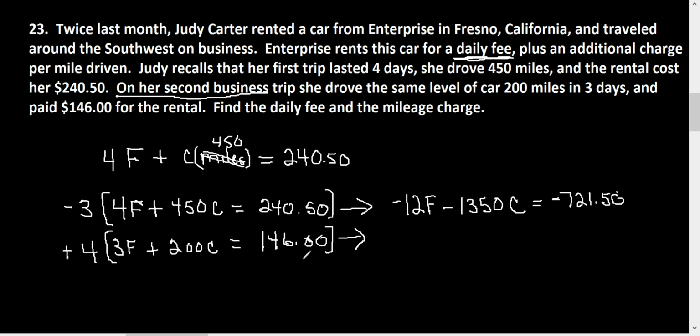The next line here, it's going to be positive 12F, and then that's going to be plus 4 times 200, which is 800, C. That equals 4 times 146, which is 584.